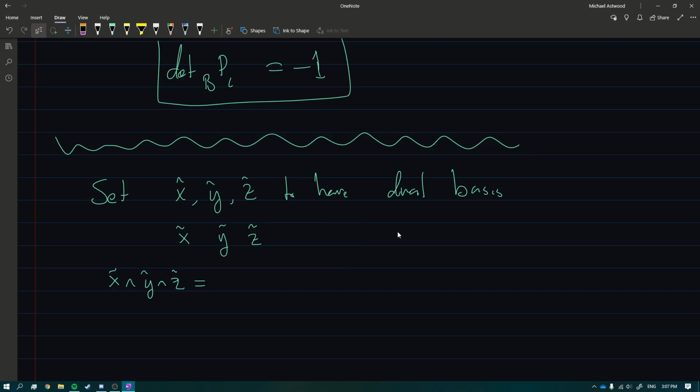I'm going to call this thing omega. This object is an element of lambda 3 of R3.